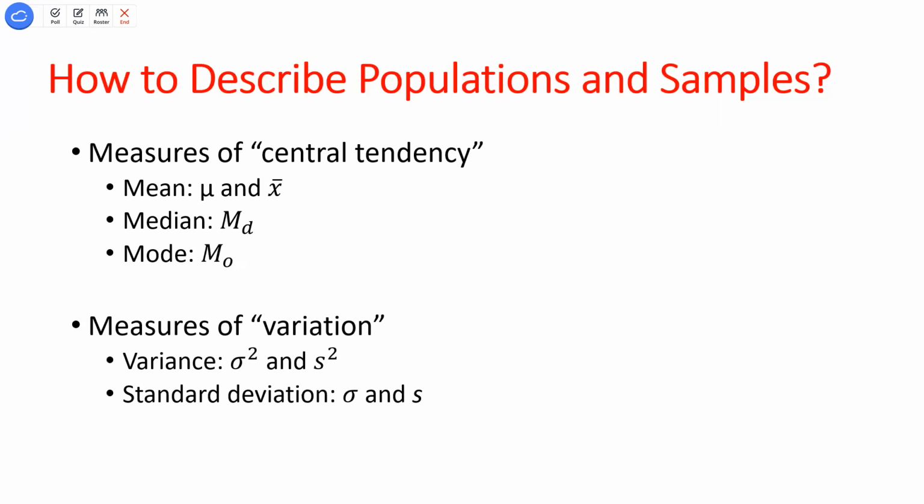For our sample, it's s squared, a non-Greek lettering. And then the standard deviation, we're just scaling the variance. It's just sigma and s. So how can I get the variance from the standard deviation? Simply square the standard deviation. We'll talk about why we scale it that way next week, but for now I'm just introducing you to some of this notation.